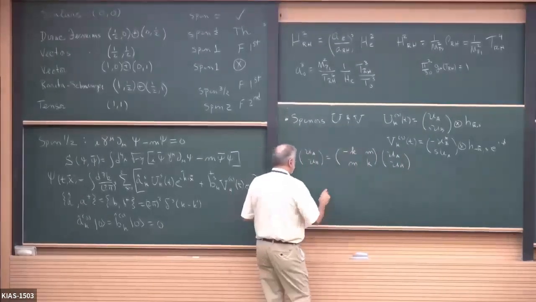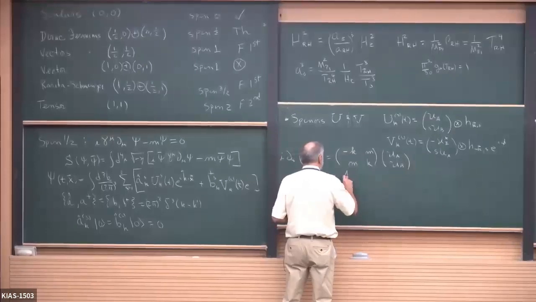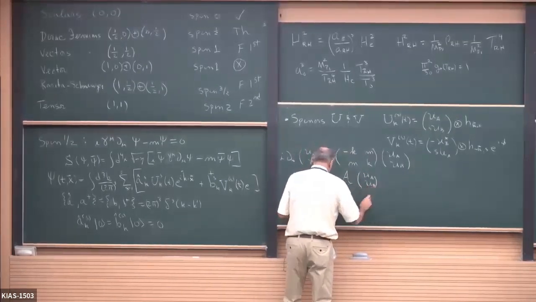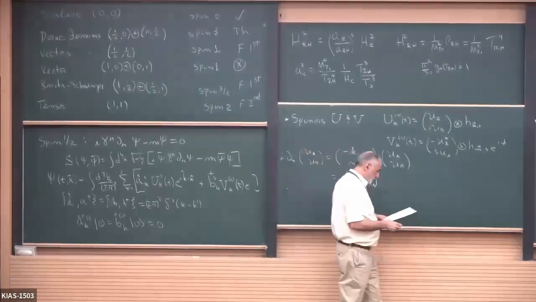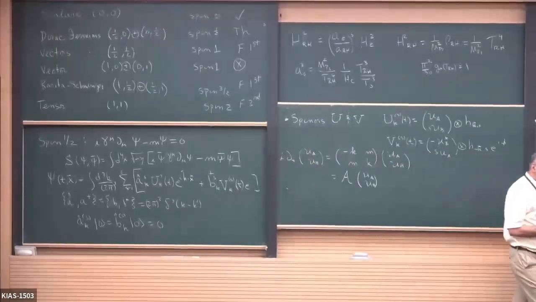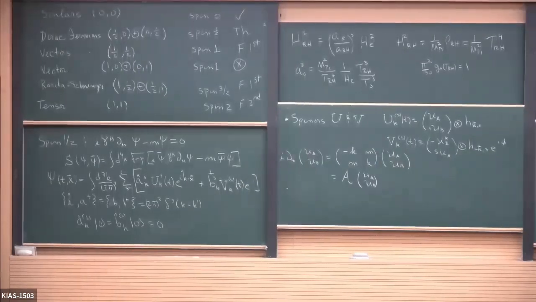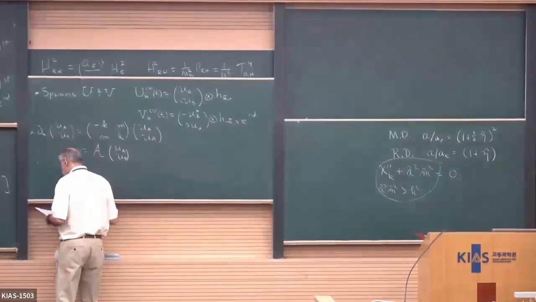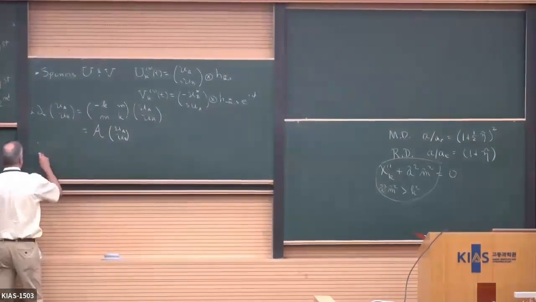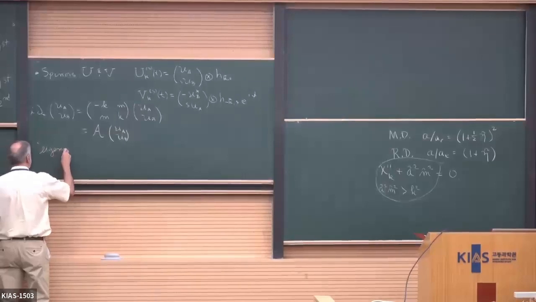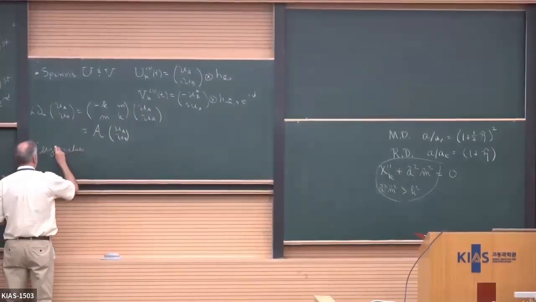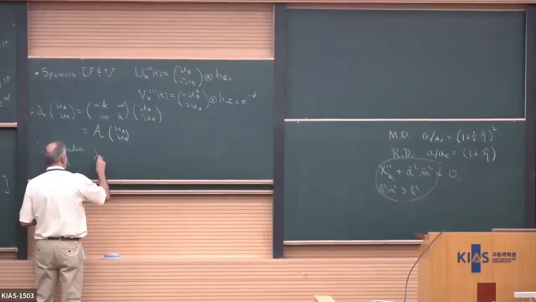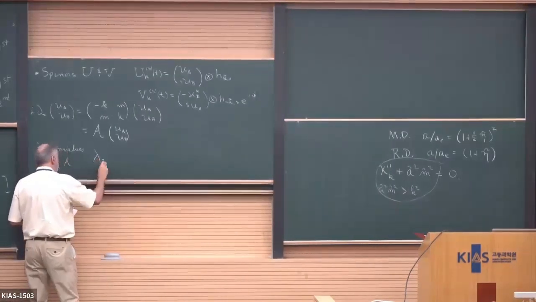And I'll just write this as some matrix A times UA and UB. And here the eigenvalues of the matrix A are lambda plus and minus.